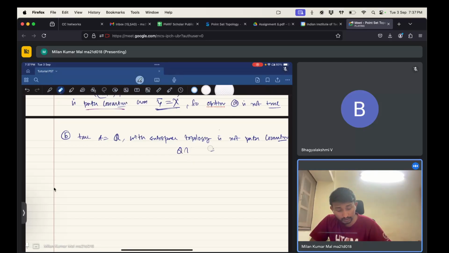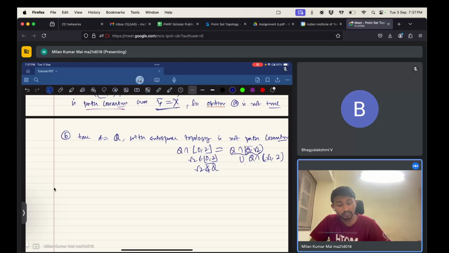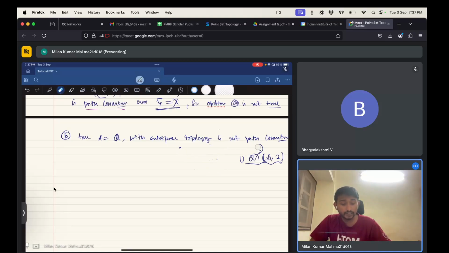Root 2 is in the closed interval between 0 and 2, but root 2 is not in Q. So this set can be written as Q intersection [0, root 2] union Q intersection [root 2, 2], and these two sets are disjoint. So this is not connected. If this is not connected, it can't be path connected, because path connectedness gives connectedness. So this is not path connected.